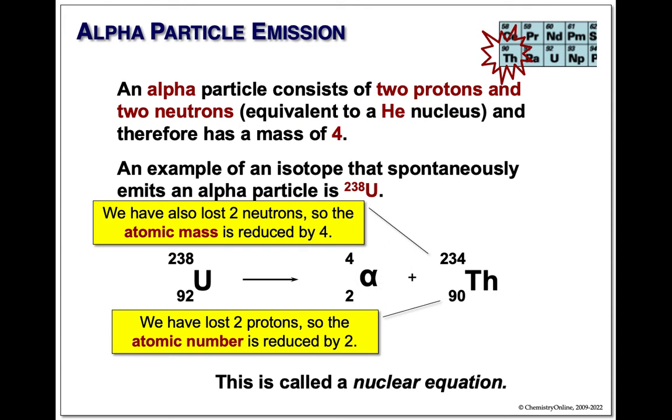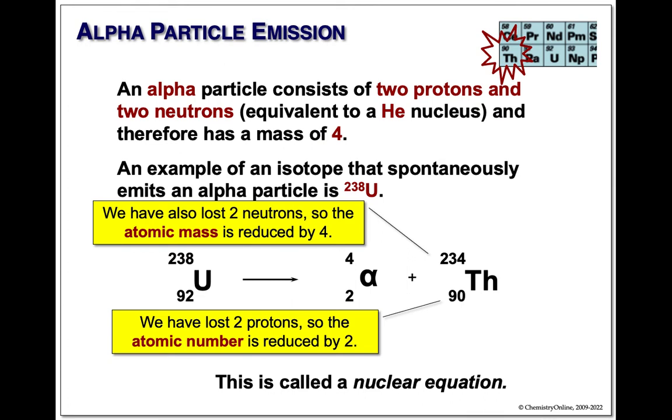In a nuclear equation, you don't have the same numbers and types of atoms, obviously, because they've changed. But what you do have is the sum of the mass numbers is the same on both sides. 238, 4 plus 234, 92, 2, and 90. Protons add up, mass numbers add up. Any questions?